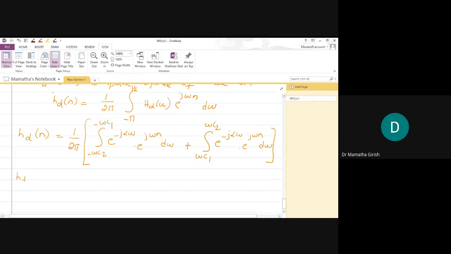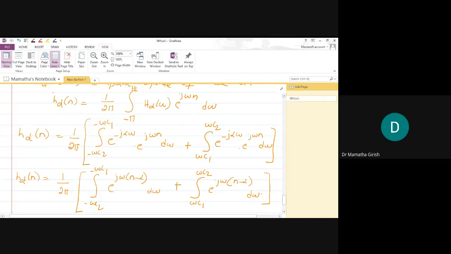So therefore, hd of n would be equal to 1 divided by 2 pi, integral from minus omega c2 to minus omega c1 of e power j times omega times n minus alpha d omega. Similarly, integral with limits from omega c1 to omega c2 of e to the power of j times omega times n minus alpha d omega.